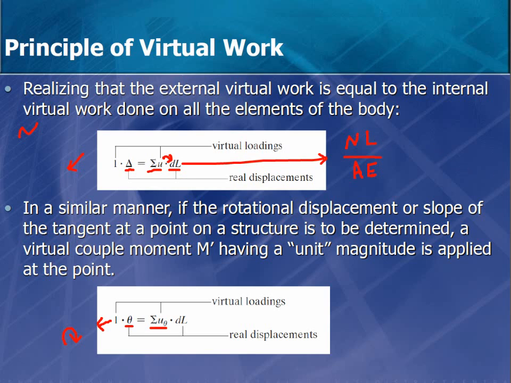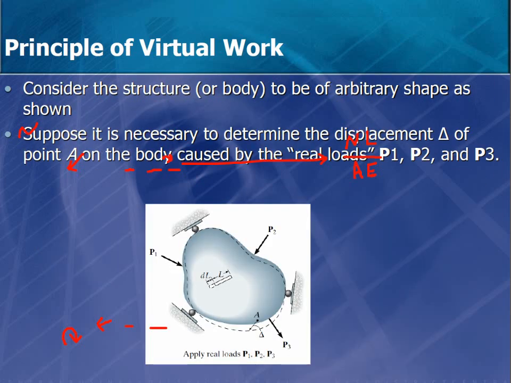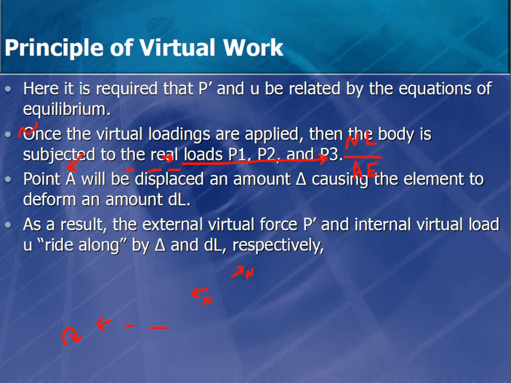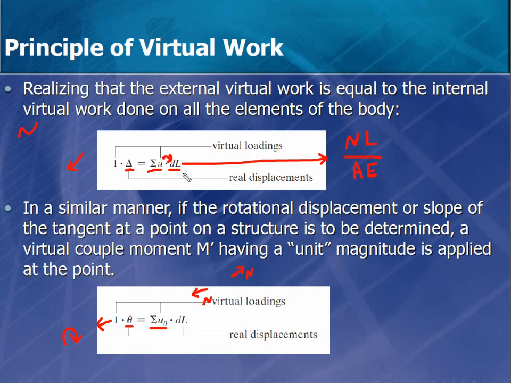Now let me come back to the slide that we had. From here, those forces are creating, let's say, N capital, and this N capital is going to give us the dL here, which is the deformation for the external force or the internal force we have there. So the dL will be N capital L over AE.